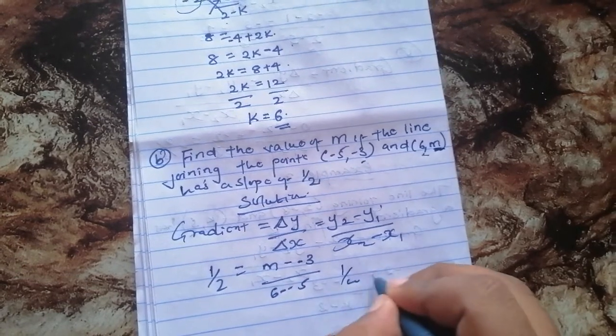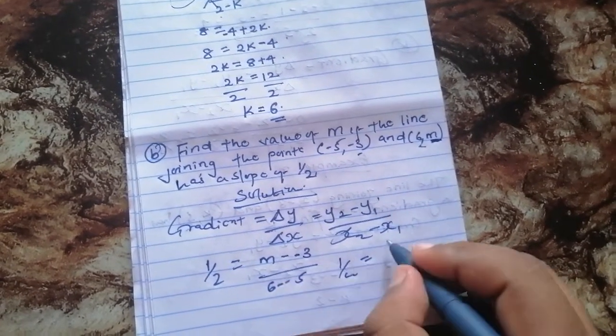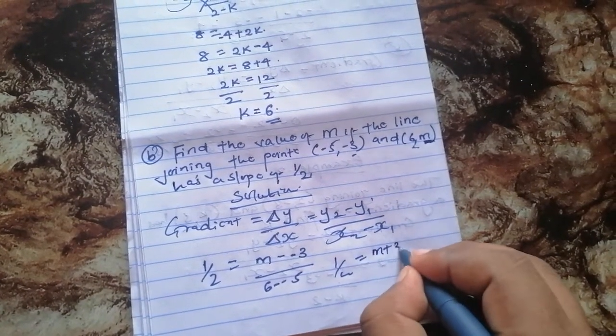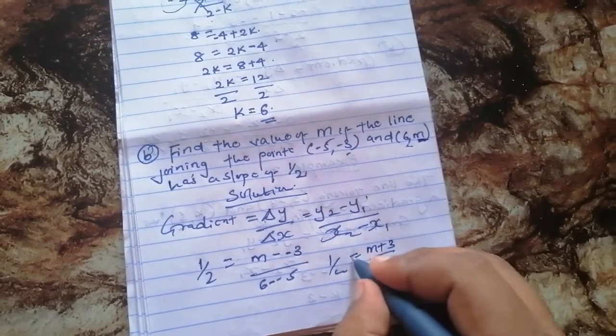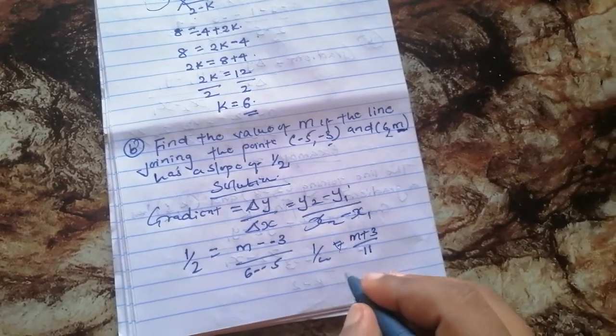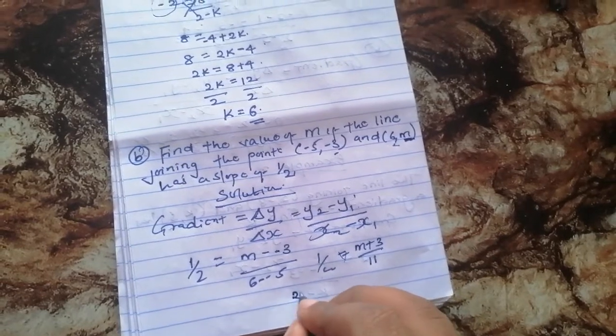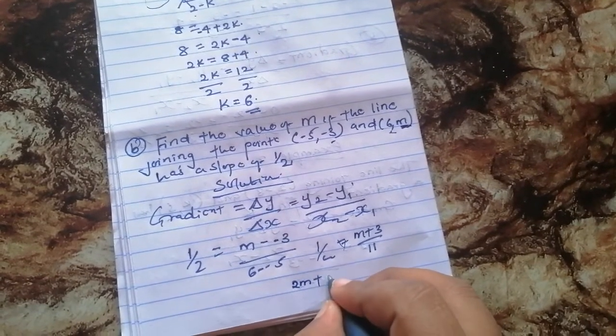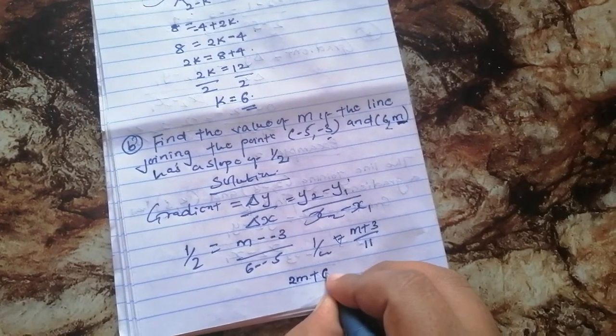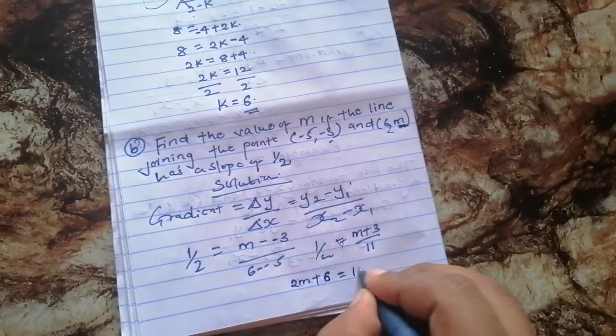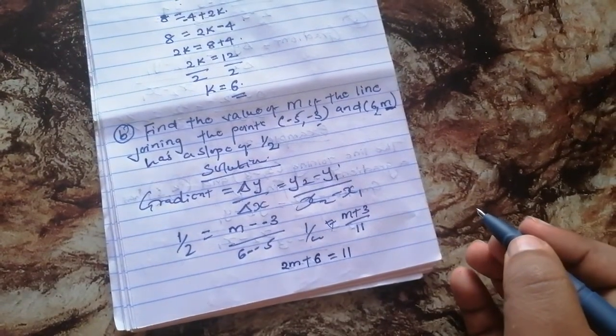So a half equals m plus 3 over 11. So if you cross multiply, it will be 2m plus 6 is equal to 11, right?